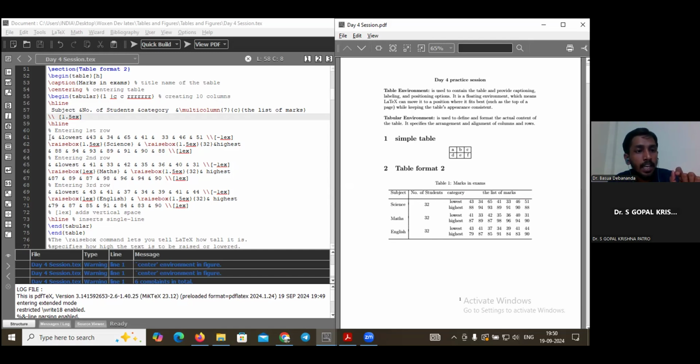Here I have written ampersand, again ampersand, then "Lowest", then ampersand, then 43, 34, these numbers, the first row numbers. Here you can observe I have not written anything before this ampersand and before this ampersand. Why? I need blank.